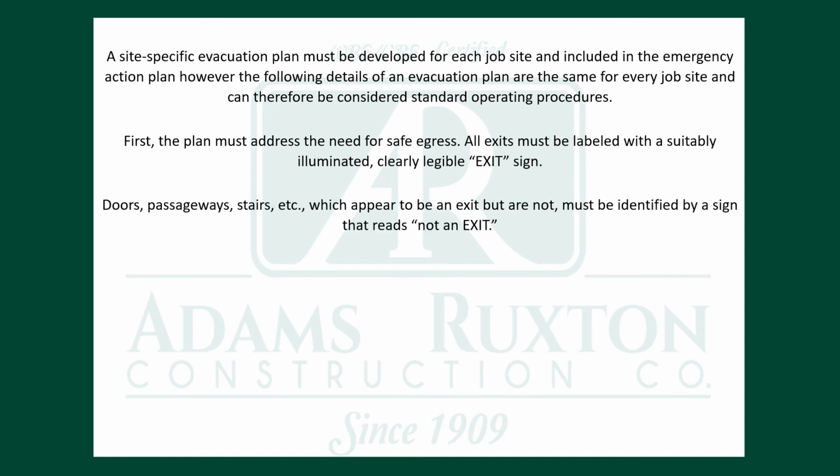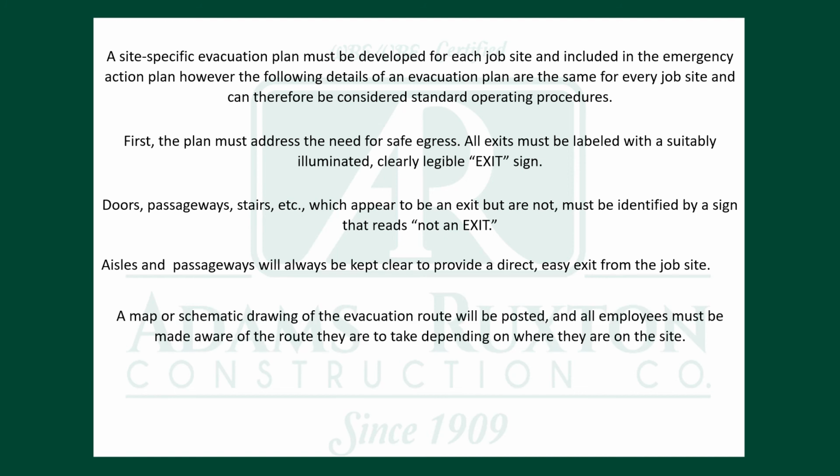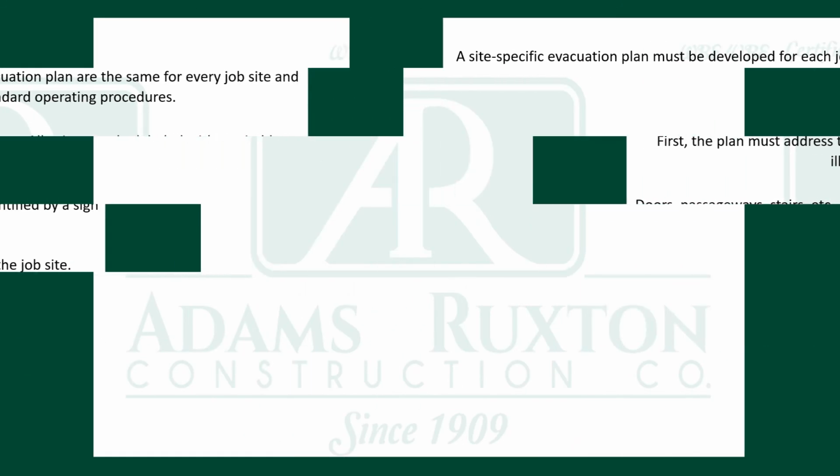Doors, passageways, stairs, etc., which appear to be an exit but are not, must be identified by a sign that reads, "Not an exit." Aisles and passageways will always be kept clear to provide a direct, easy exit from the job site. A map or schematic drawing of the evacuation route will be posted, and all employees must be made aware of the route they are to take depending on where they are on the site.